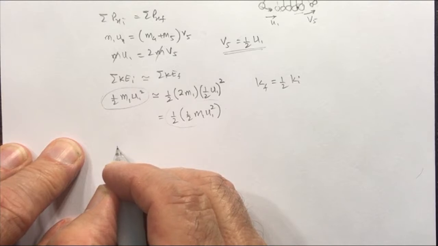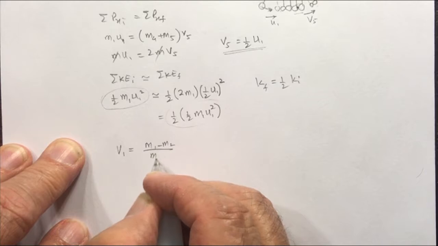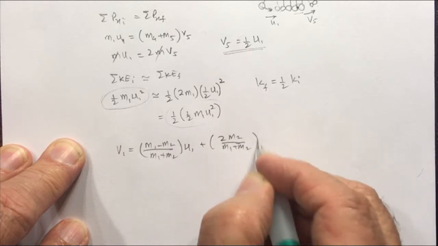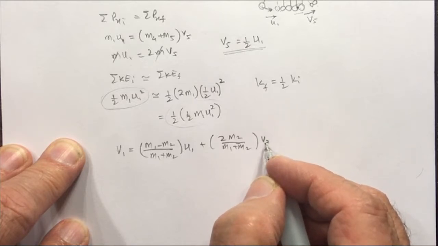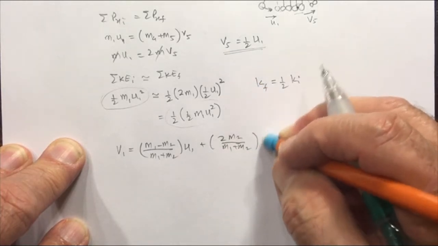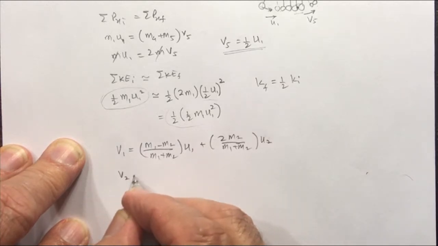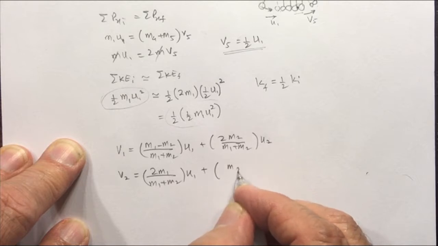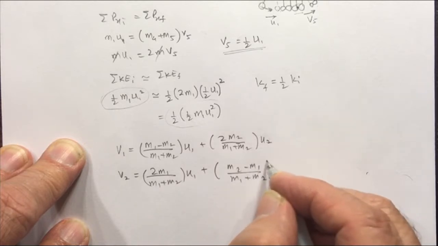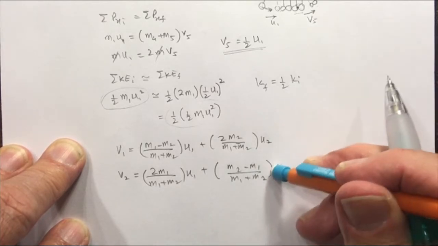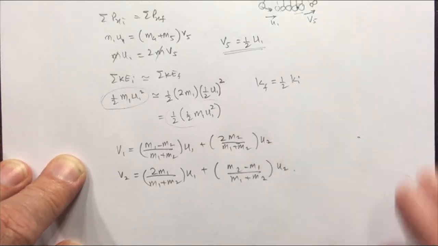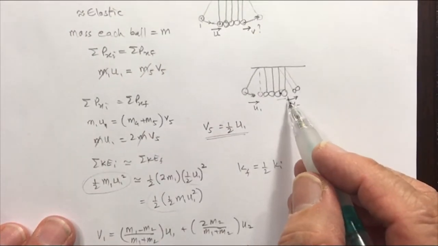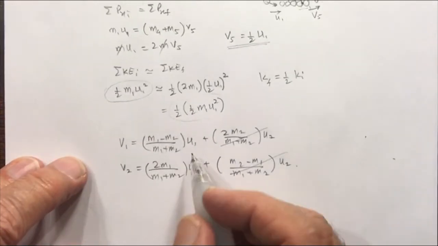We had v1 equals m1 minus m2 over m1 plus m2 times u1, plus 2m2 over m1 plus m2 times u2. And v2 equals 2m1 over m1 plus m2 times u1, plus m2 minus m1 over m1 plus m2 times u2. Now u2 is the initial velocity here, which is 0, and the masses are all equal.